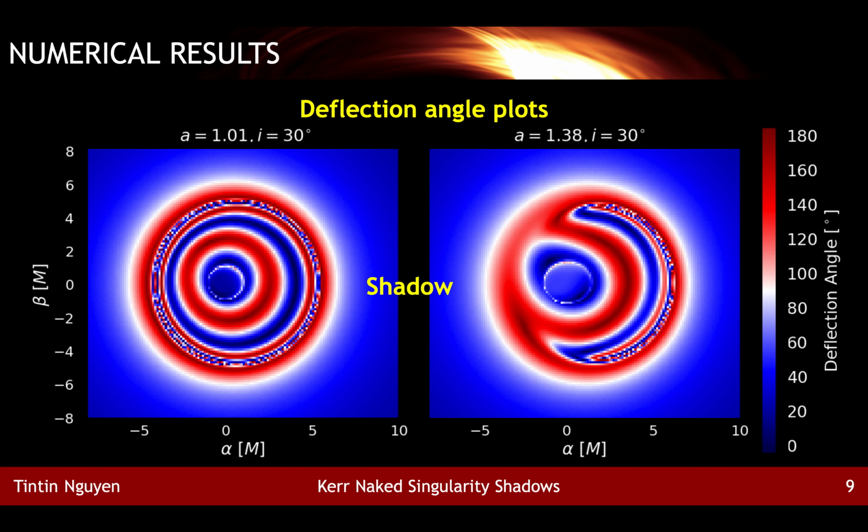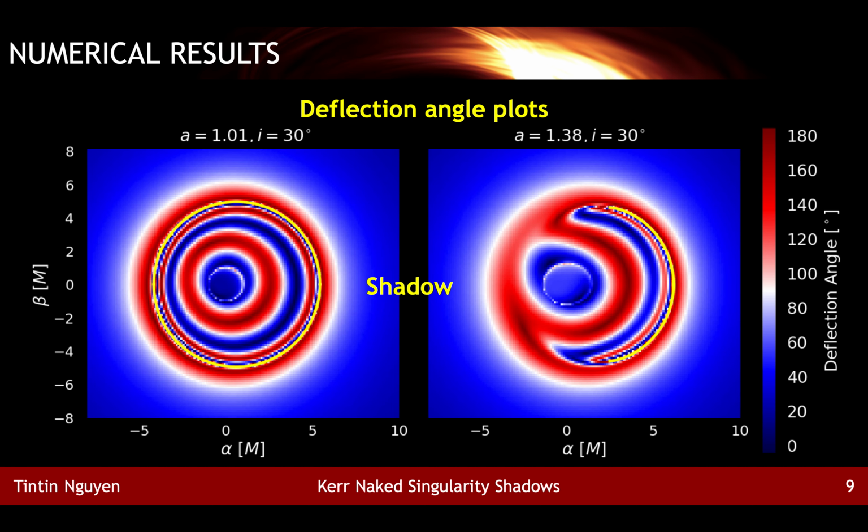Or from a more colorful standpoint, it corresponds to a region where the color of the deflection angle oscillates between red and blue. Here I plot the analytical projection of the shadow on the image plane, and you can see it corresponds to the region where the deflection angle color oscillates rapidly between red and blue. So this is how you can read off the shadow from the deflection angle plots.